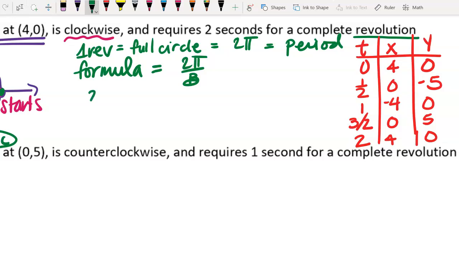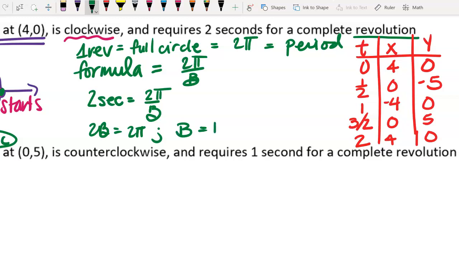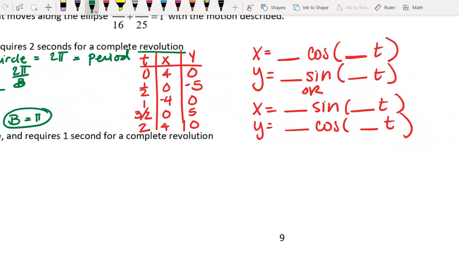And so that's 2 seconds equals, what's the formula to find beta? 2 pi over b. If we multiply both sides by b, it is 2b equals 2 pi. So 1b is 2? Or is it pi? Pi. Okay. Pi goes in here.